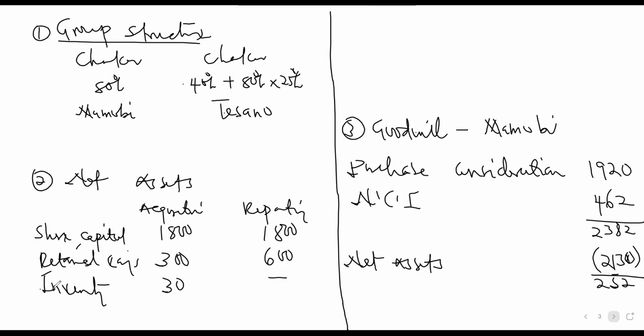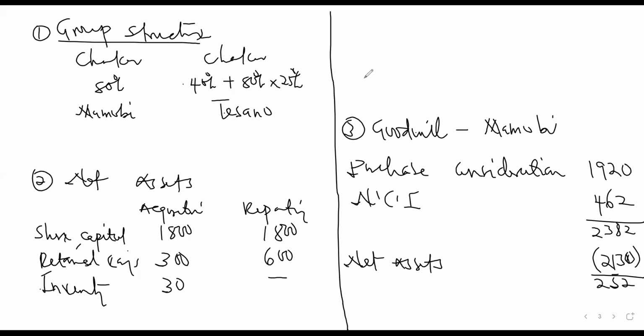So in all, what will be the total of the parent's shareholding in Tesano? If you add the two, 60%.